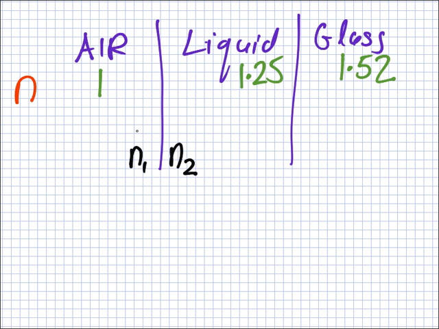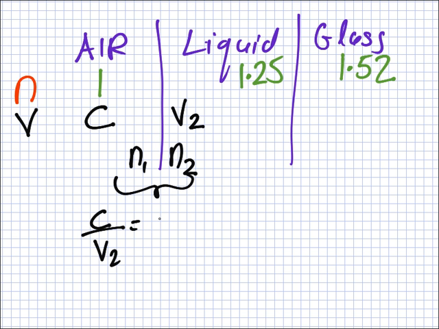And the velocity of the light in the air is c. So if I use my formula from earlier, you could say V1 over V2 equals N1 over N2.